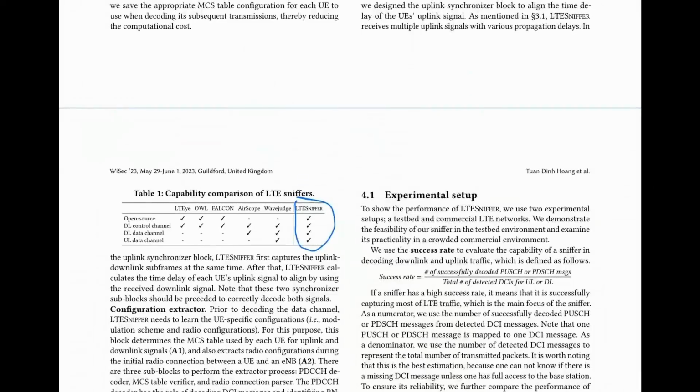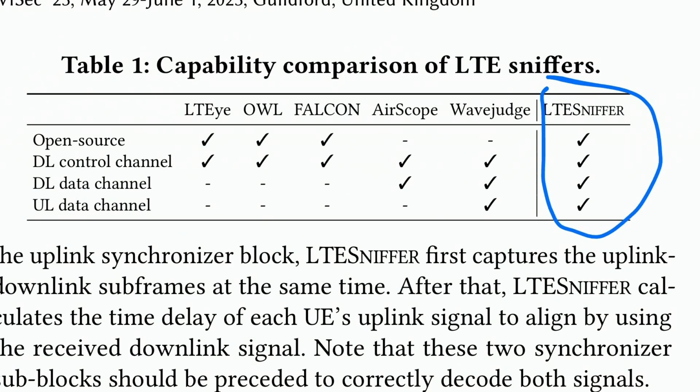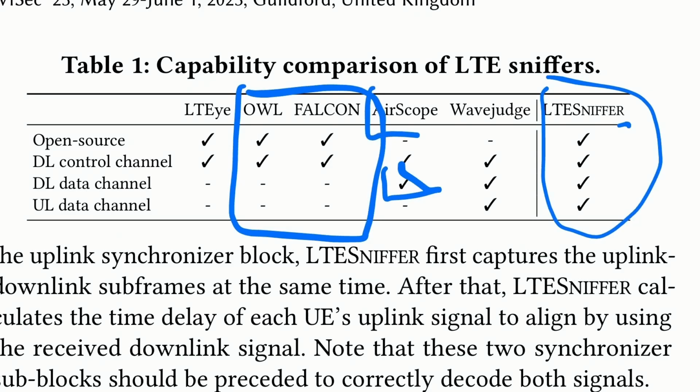It's a nice tool to use because, of course, it's open source. Not only can you do the DL on the control link, but you can also have information on the data channel and the UL data channel. This is something that OWL and Falcon couldn't do. So you had to use SSRun to get some data channel information as well, or buy AirScope, which was still expensive, but less expensive than other tools.